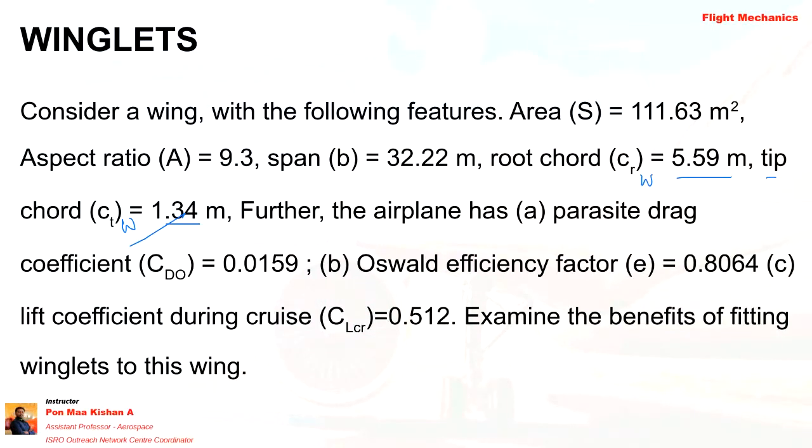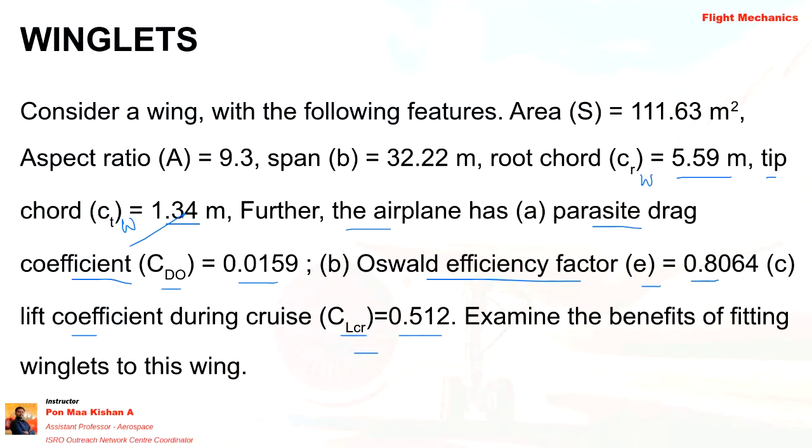Further, the airplane has a parasite drag coefficient CD naught, that is 0.0159, and the efficiency factor E is 0.8064, and lift coefficient during cruise. The condition is taken with respect to the cruising level, where our lift is equal to weight and thrust is equal to drag. So the lift coefficient is taken as CL cruise is equal to 0.512.